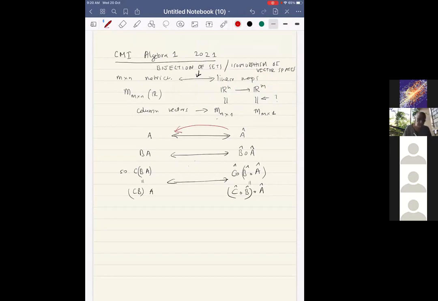I looked at a linear map from n cross 1 to m cross 1 and associated an m cross n matrix to it. And then we have really not, so this is all going to be done today. This is where we ended the last lecture.